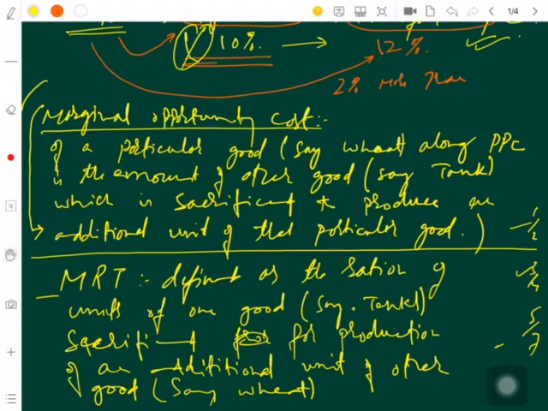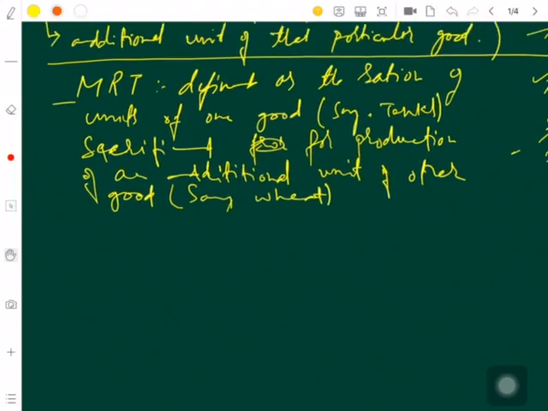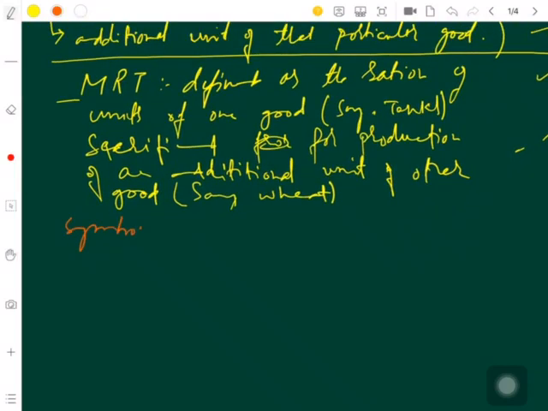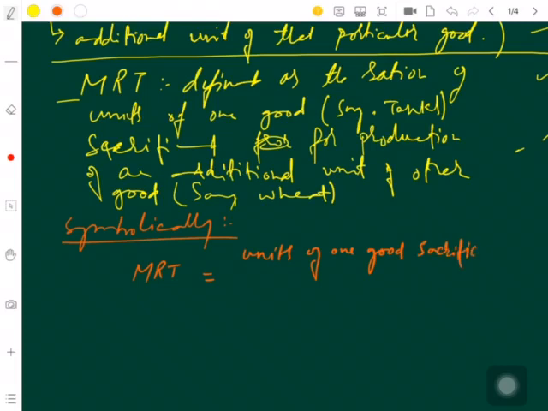We can term this definition symbolically as well. Symbolically, in shape of symbols, how it would look: marginal rate of transformation is equal to units of one good sacrificed divided by units of other good obtained or produced.